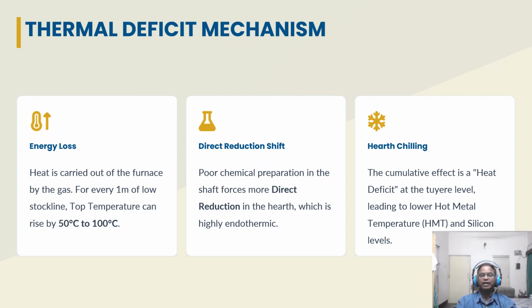The cumulative effect is hearth coldness, or the more aggressive wording, hearth chilling. So the heat deficit travels down to the tuyere level and we see the results in our final product: lower hot metal temperature and lower silicon level. So we have identified the problem. Now let's move on to how we calculate the solution.